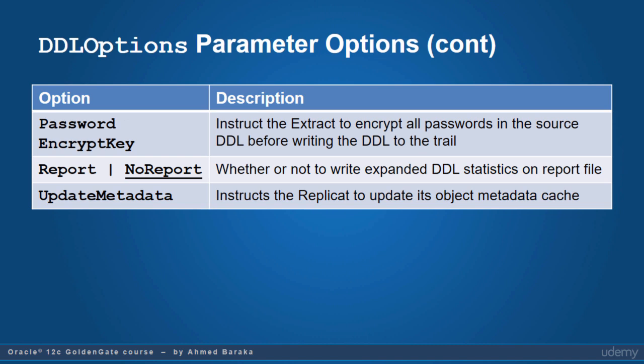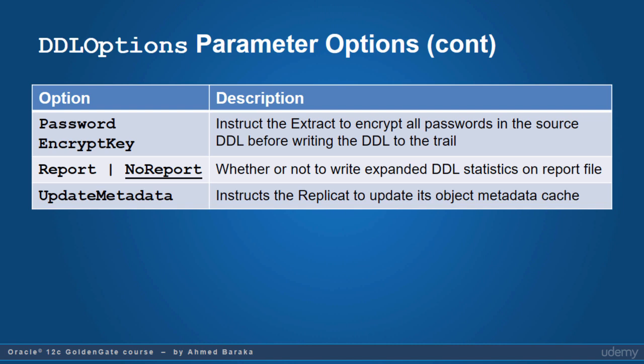The report and the no report options are used to control whether or not to write expanded DDL statistics to the report file. With this option, more information is written in the report than what you would have if this option wasn't used.